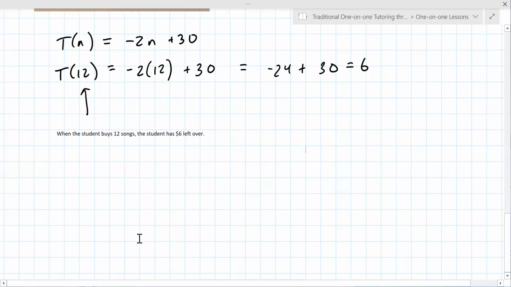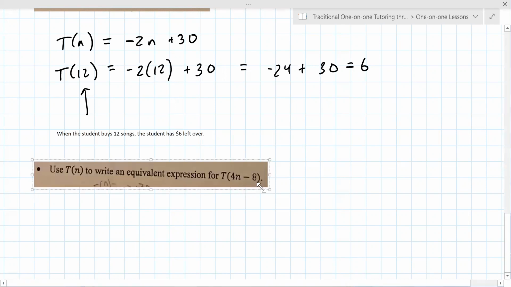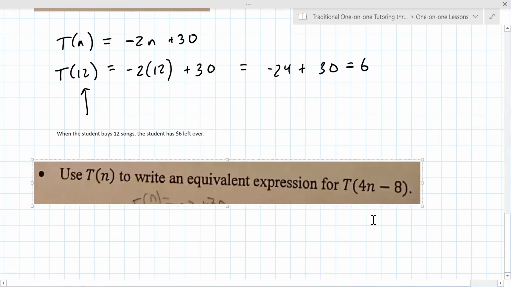All right. There's one more. So then, 4n minus 8. Yes. This one is more difficult. You see this as you advance through math. So let me write t of n yet again, minus 2n plus 30.